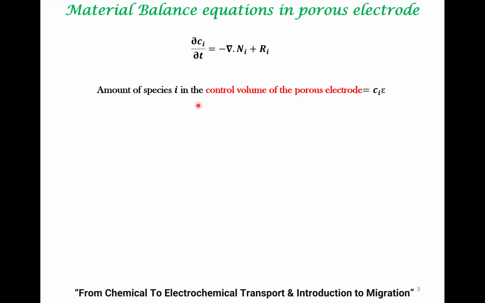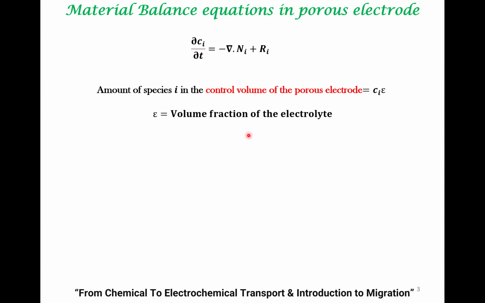And the amount of species present in this control volume of the porous electrode is specified by two terms. One is Ci, another is epsilon. This epsilon refers to the volume fraction of the electrolyte present in the entire porous electrode.